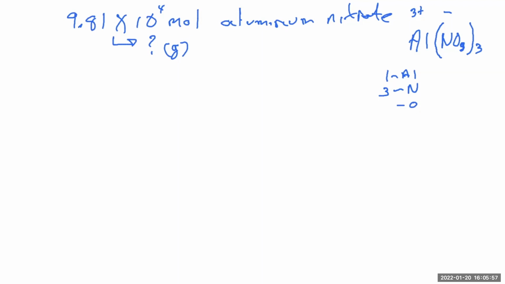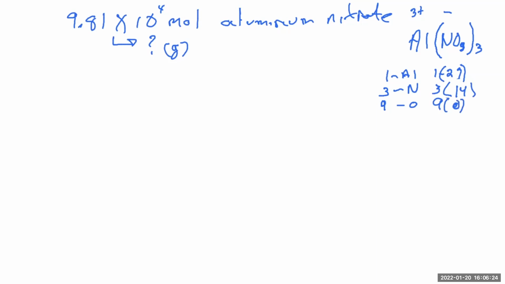No, oh, 9. You have 3 sets of NO3, so there's 9. So aluminum weighs 27, so we have 1 times 27. We have 3 nitrogens. Nitrogen is 14. And we have 9 oxygens.